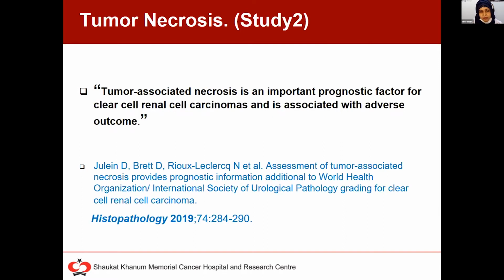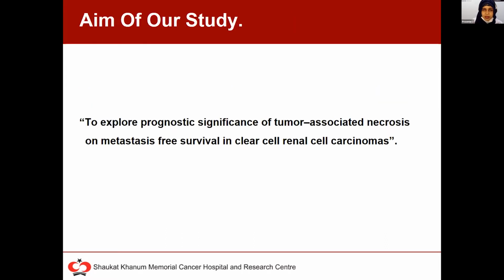In another study performed by Julin and Brett and published in the Histopathology Journal in the year 2019, it states that tumor necrosis is an important prognostic factor of clear cell renal cell carcinomas, and it is associated with adverse outcome.